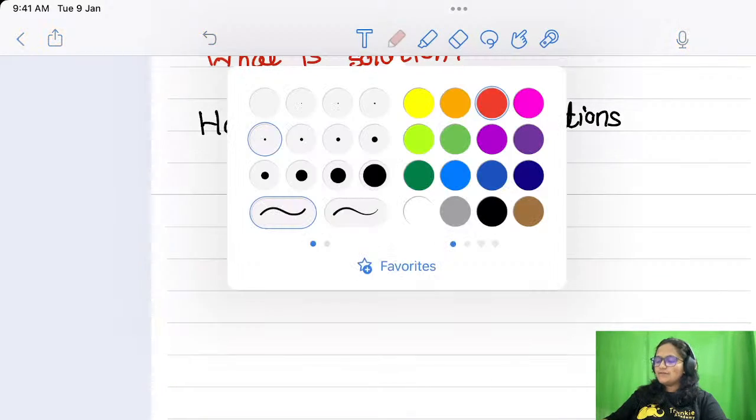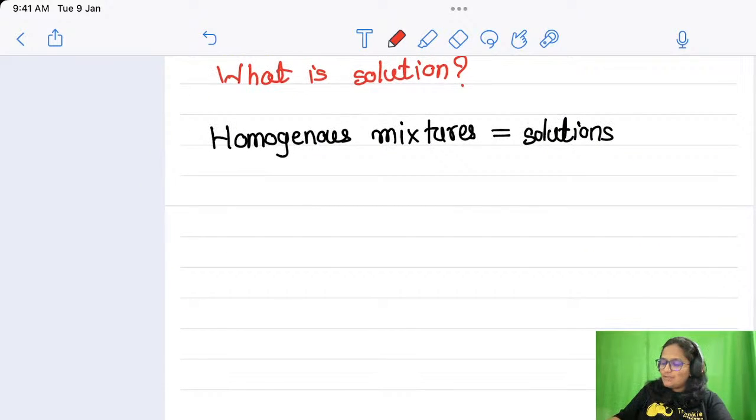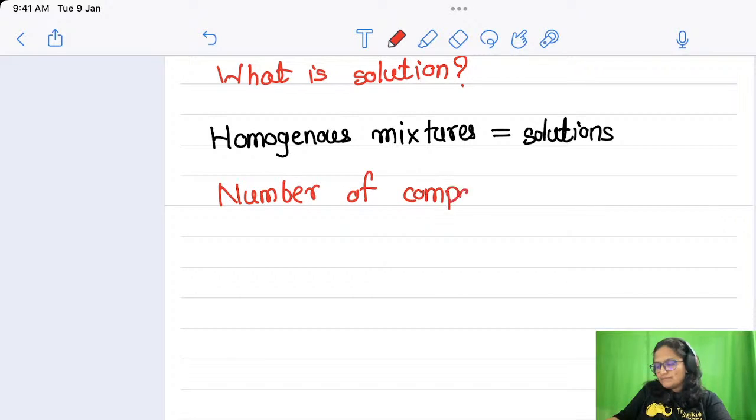The classification of solution is done on the basis of the number of particles present in it, right? Sometimes there will be 2 particles, sometimes 3 particles, or sometimes more than 3 particles. So on the basis of the number of components, they are classified into different types.